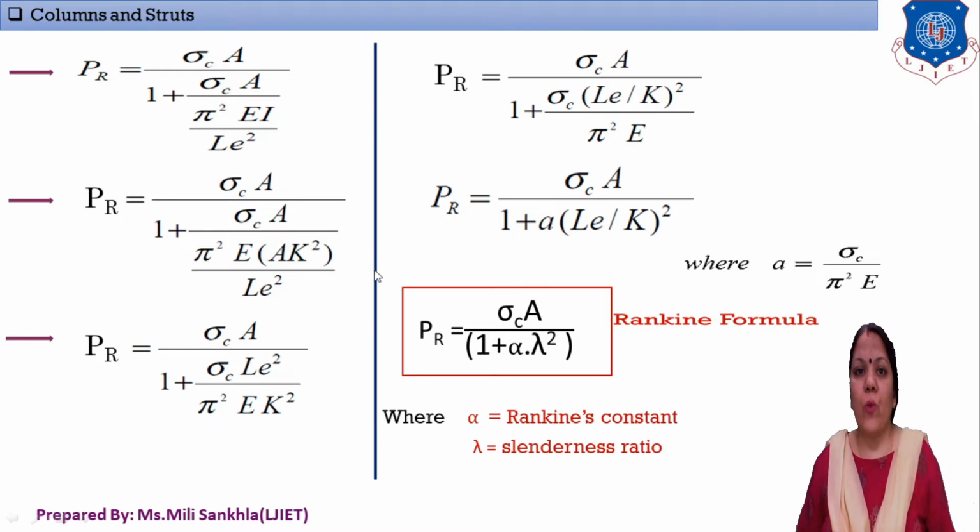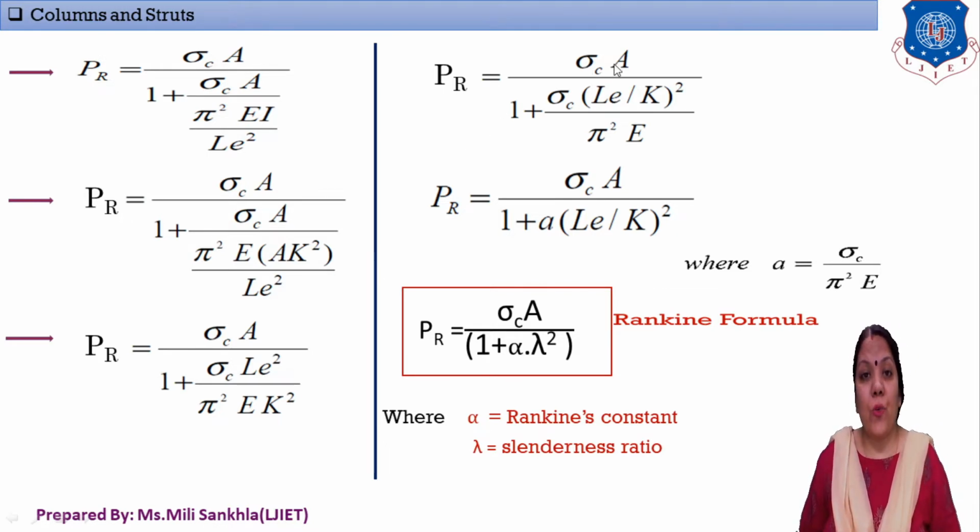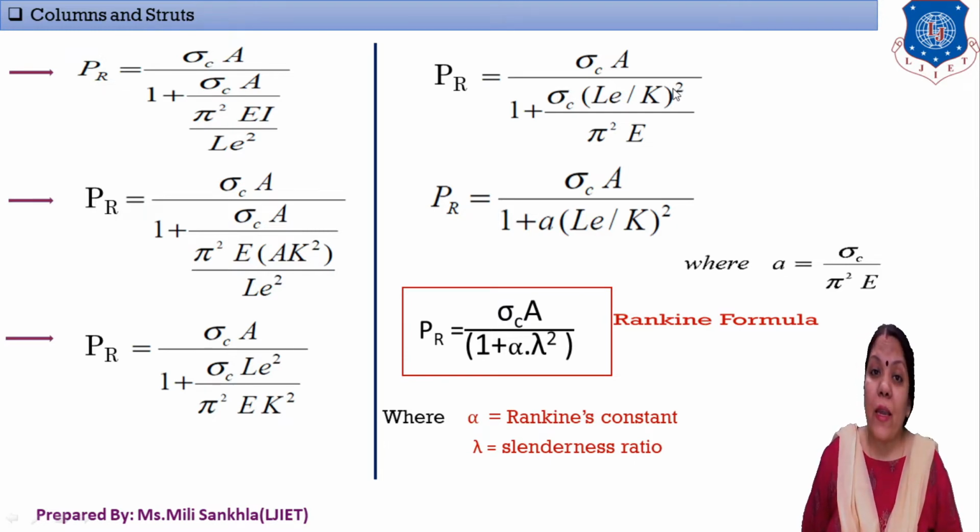Now PR is equal to sigma C A, and 1 plus, look, sigma C and pi square E are common, and LE by K square. If you remember, what is LE by K? LE by K is nothing but our slenderness ratio lambda. Lambda is the ratio of effective length to radius of gyration.